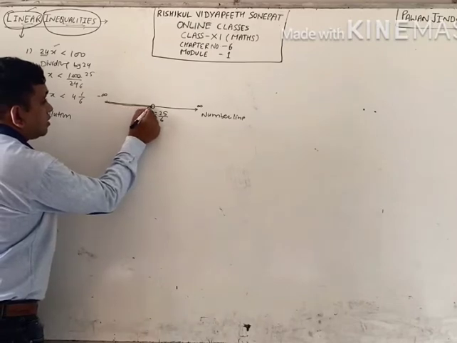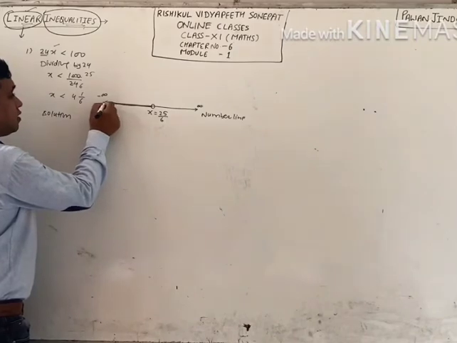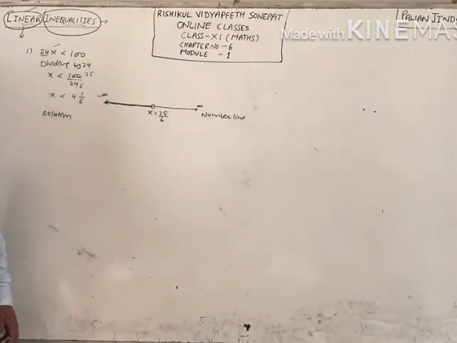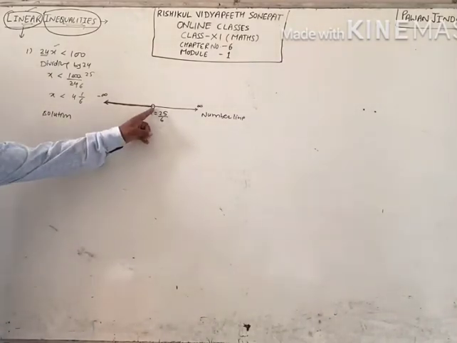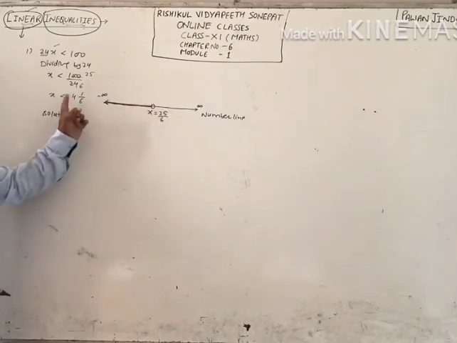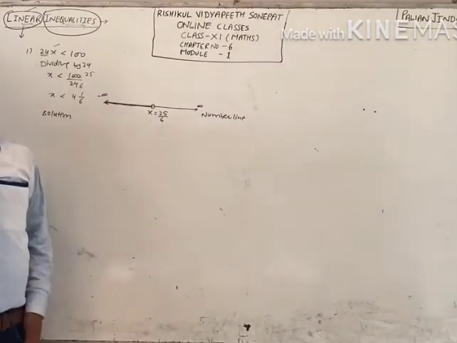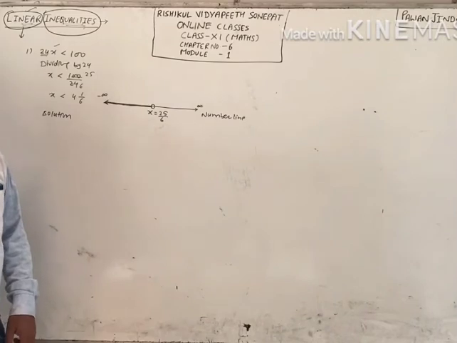Darken this one. Like this you will darken. Now whether this circle will be dark or not: if equal sign comes here, then you will darken this circle also, otherwise you will not. In this way you can show the solution on number line.